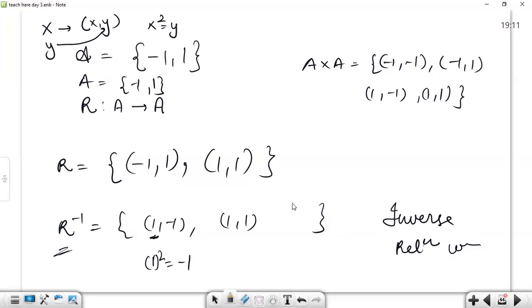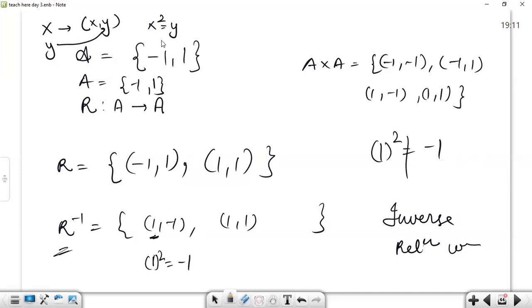So is that clear? Yes, clear sir. That anything square cannot become negative? 1 square is not negative 1. Do you agree 1 square is not minus 1? Yes, sir. 1 square can't be minus 1. So here also x is the first element, 1 square, and as per your relation, its square is equal to the second element.